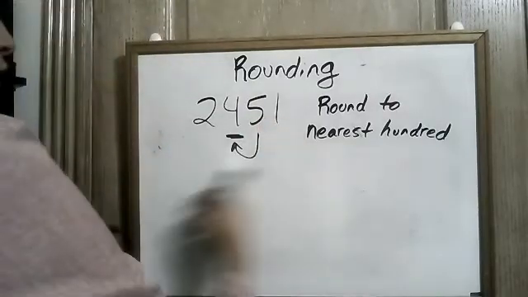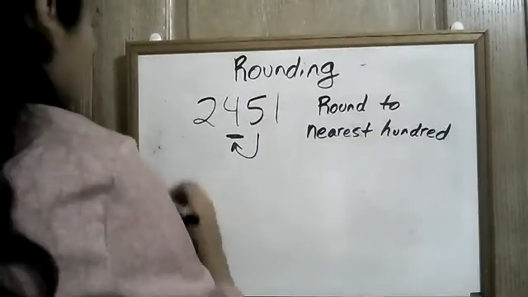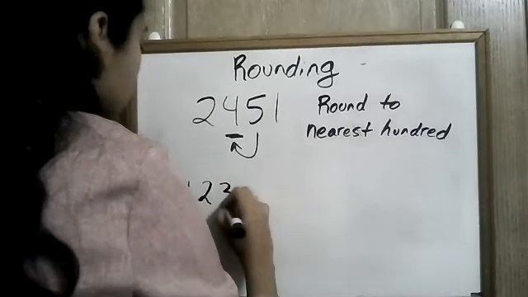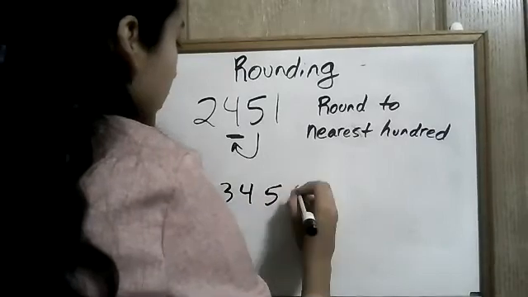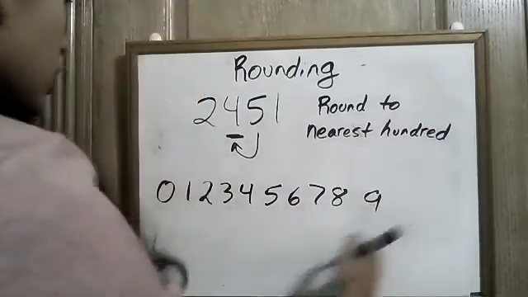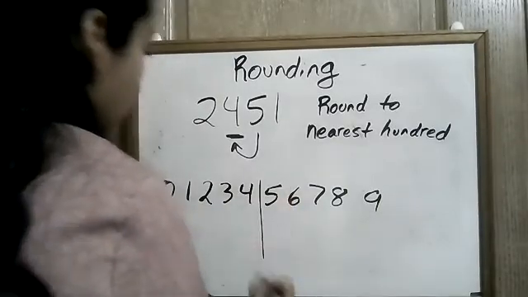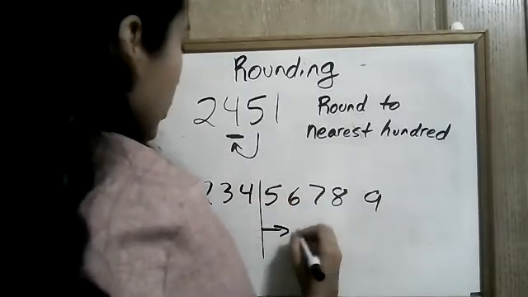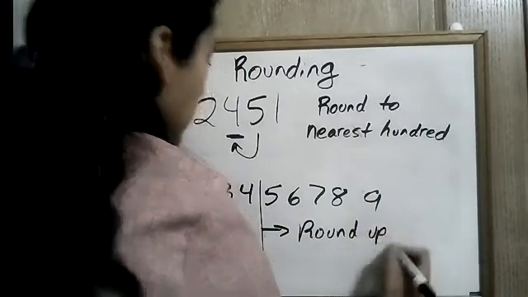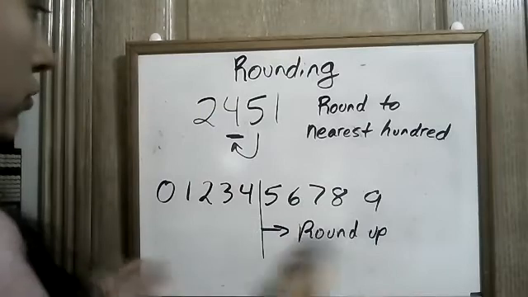So according to our rounding rules, we have the numbers here: 0, 1, 2, 3, 4, 5, 6, 7, 8, and 9. So if it's 5 or greater, you round up. And you're like, well, why 5?